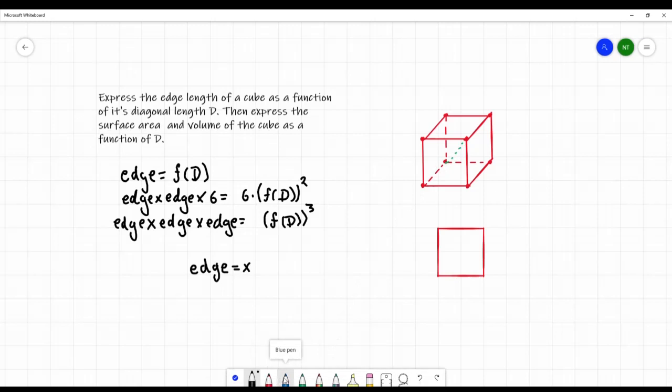How are we going to use the Pythagorean theorem? We're going to find the diagonal of the base. We're going to start by finding the diagonal of the base of the cube.